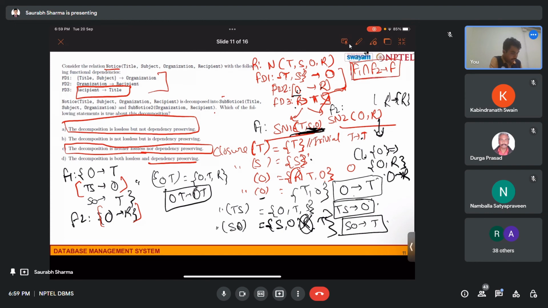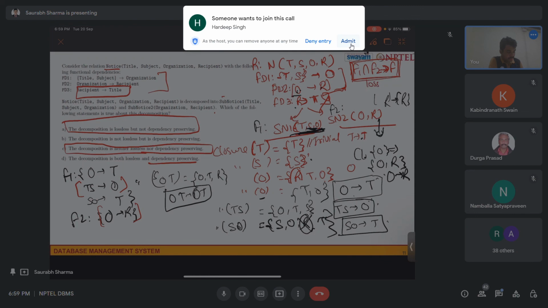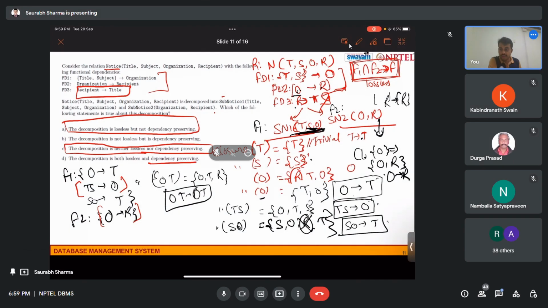Okay, so if any one of the functional dependencies or sub relations is able to form this kind of relation, then we can say it is lossless. So actually the decomposition is lossless, but we are not able to preserve this dependency.